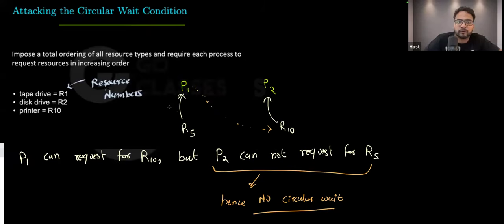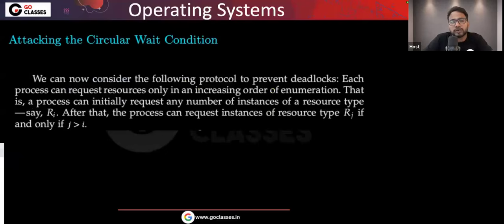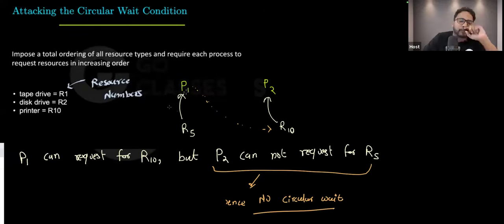Basically, this is from Galvin, you do not need to read this. They are also saying similar things, that you always go in increasing order. The process resources are always in increasing order.